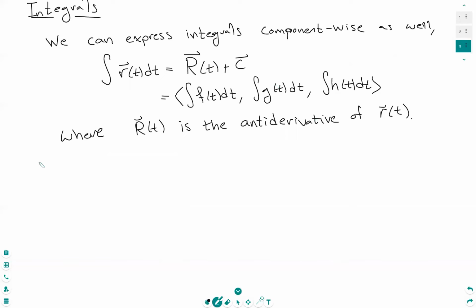So let's do an example. We have the integral of the vector cosine of t, 1, negative 2t dt.